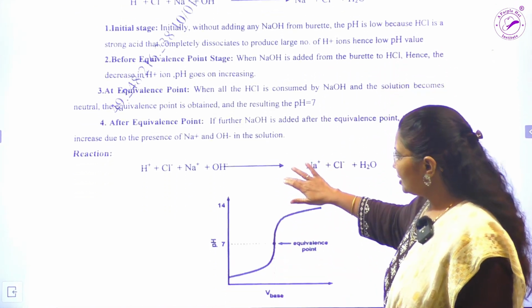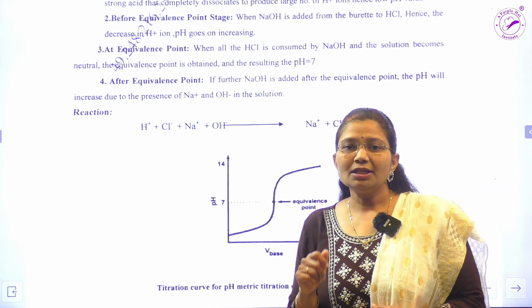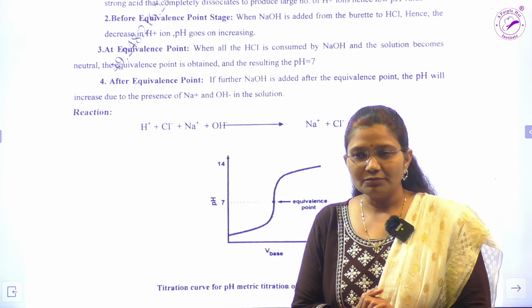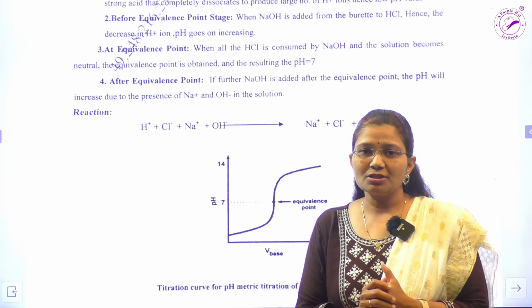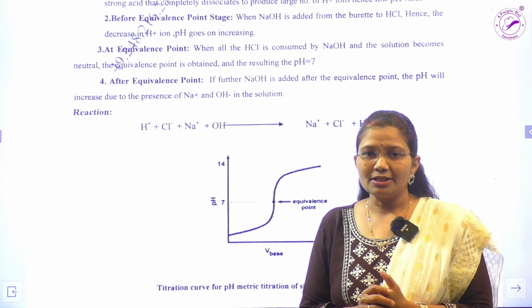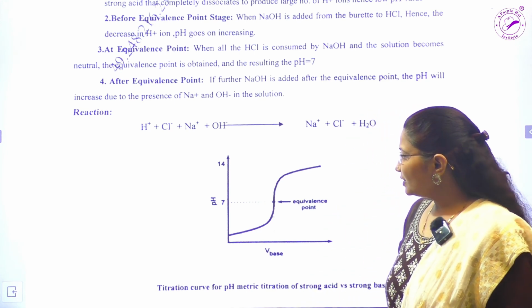As you can see, in pH metric titration, HCl is the strong acid and NaOH is the strong base, and when we are doing the titration of HCl versus NaOH, then what type of graph is there?